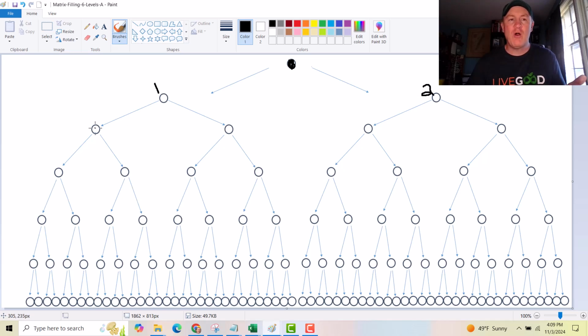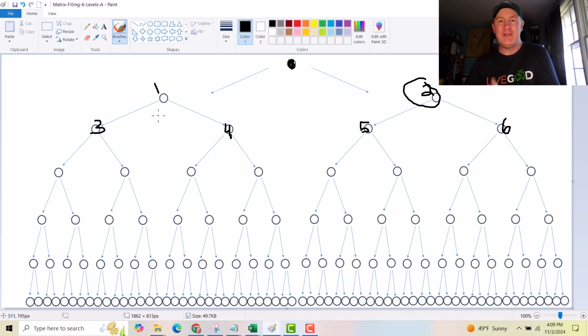But it just doesn't go then 3, 4, 5, and 6. That's not how it fills. That wouldn't be fair necessarily to person number 2 if person number 1 got 2 people before person number 2 had 2 people put underneath them, if that makes sense. So we're going to erase all that. Number 3 does go on the left, but number 4 comes over to the right.